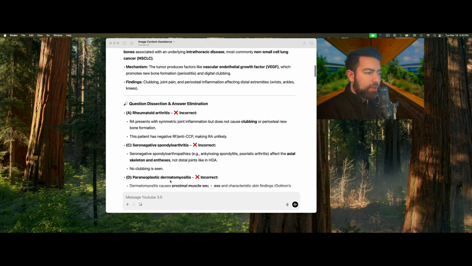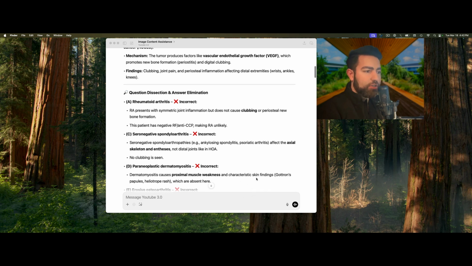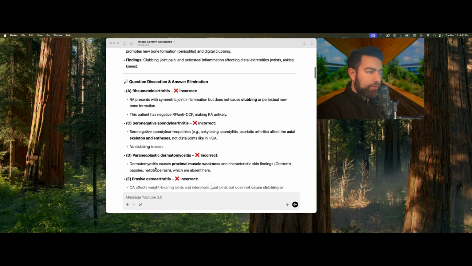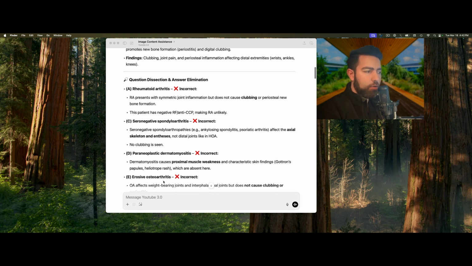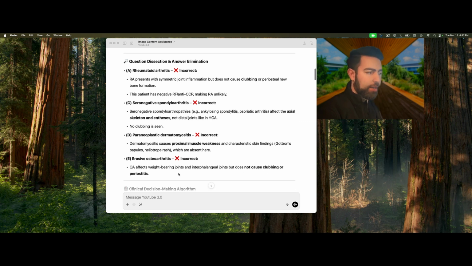And also there's no clubbing in that case. The paraneoplastic dermatomyositis is incorrect because remember, dermatomyositis causes proximal muscle weakness, and the characteristic findings on the skin are the Gottron papules and the heliotrope rash, which were definitely absent in this case. And then the erosive osteoarthritis, that would be just the OA. It affects the weight-bearing joints and the interphalangeal joints, but does not cause clubbing or periosteitis.